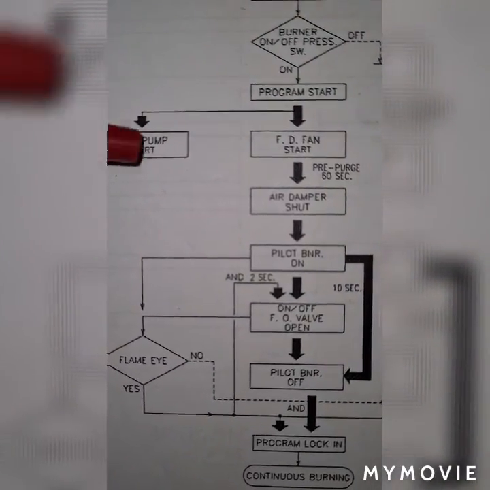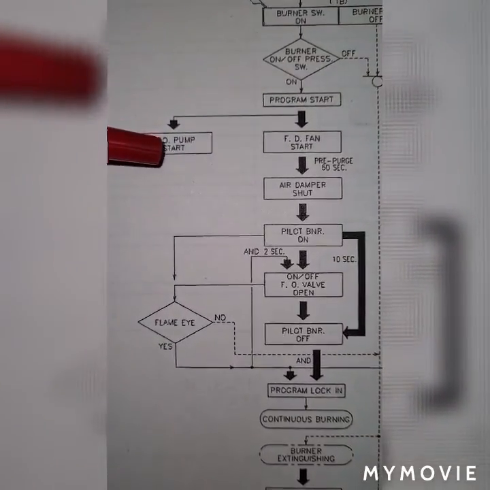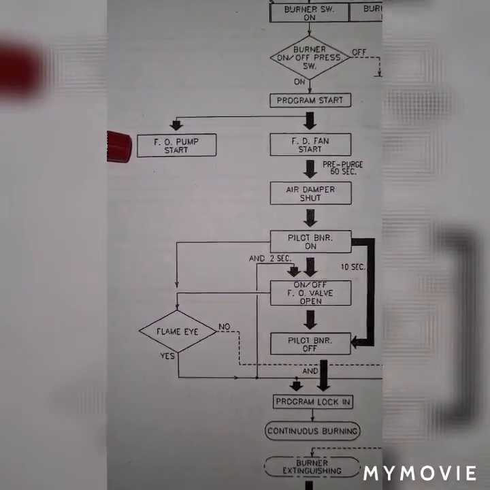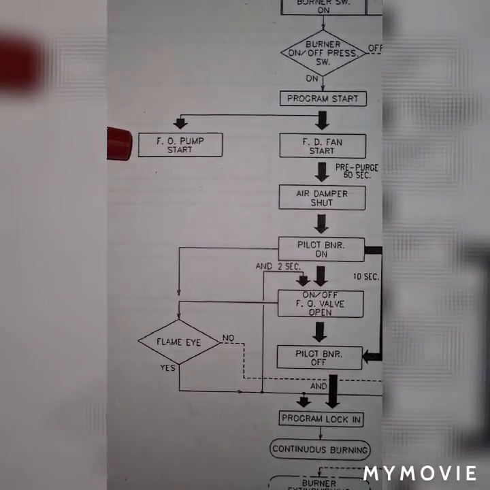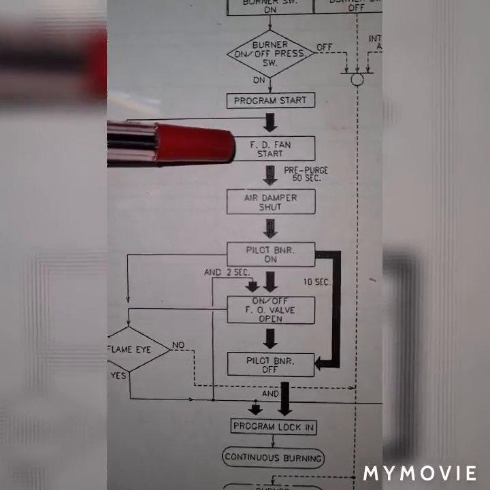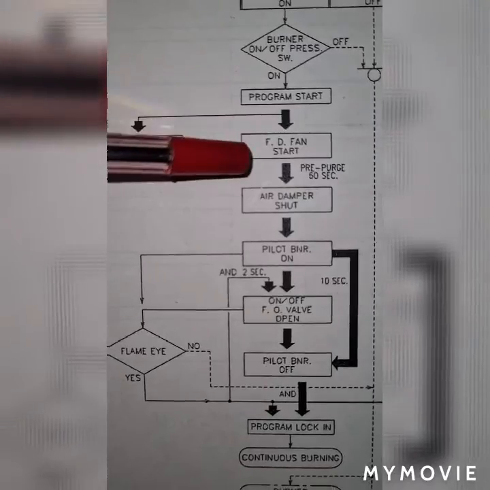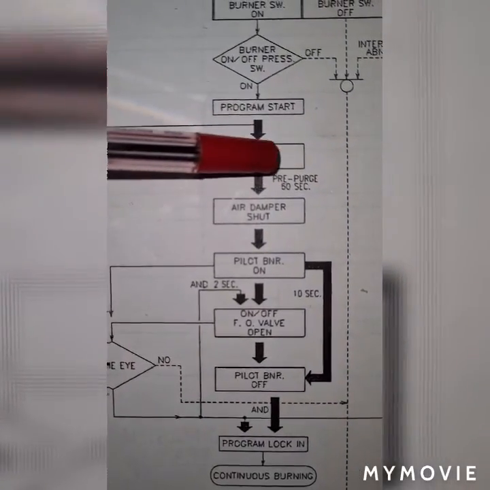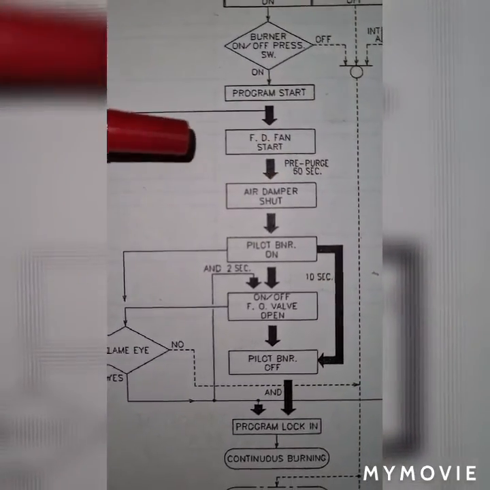Once the fuel oil pump starts, it will bring the fuel from the heavy fuel oil tank to the pipeline of the main burner, and the forced draft fan is running and performs a pre-purging time of 60 seconds.